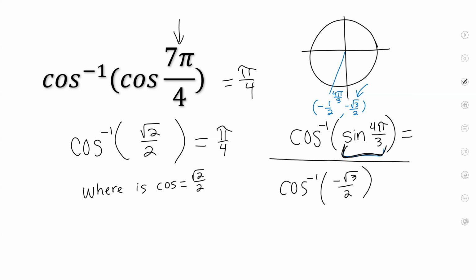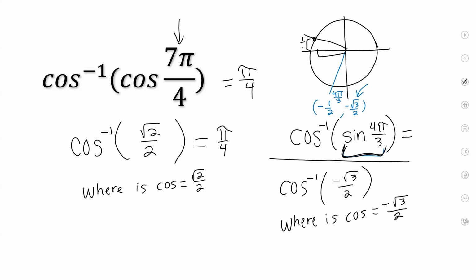So now you need to think about this question that you're asking. Where is cosine equal to negative square root of 3 over 2? That would be on this side over here, right? This is the long distance. This is the short distance.